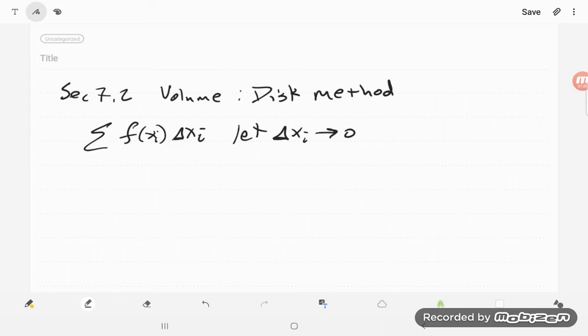Well, sort of, right? As long as we know antiderivatives, that kind of thing.